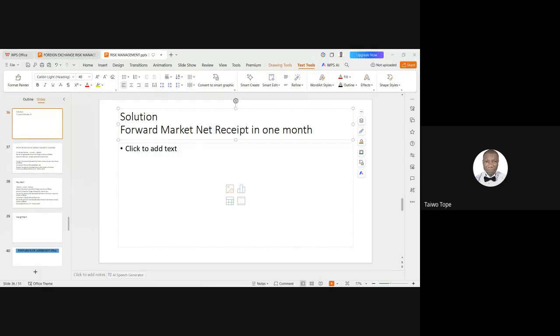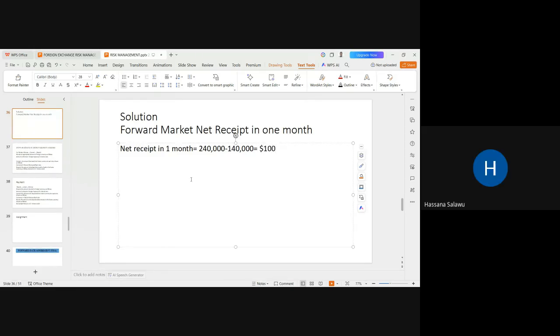So the net receipt in 1 month will be equal to what? 240 minus 140. And this will give us what? $100,000.